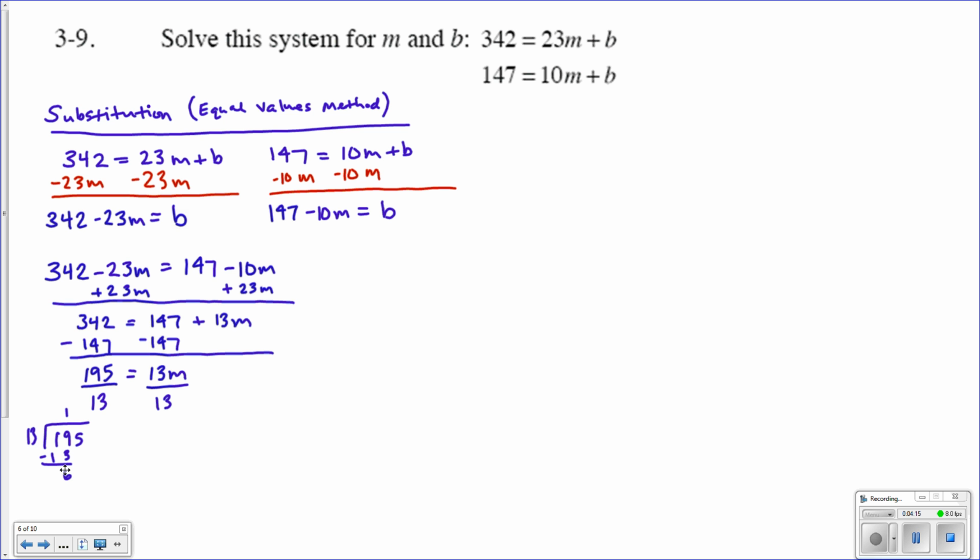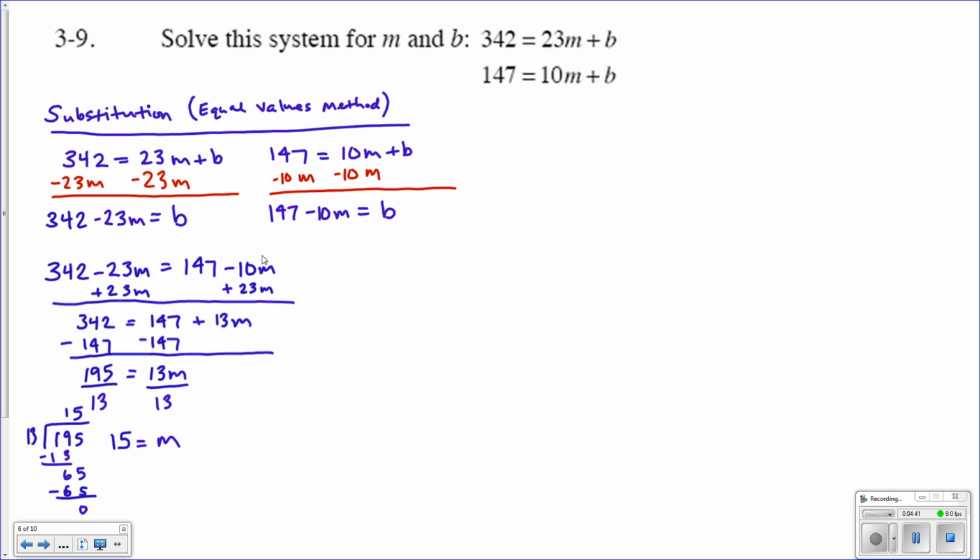Subtract it. We've got 6. Let's bring down our 5. 13 goes into 65 there. I would assume 5 times. So that would be 65. Great. I can still do basic math. So we get 15 is equal to m.